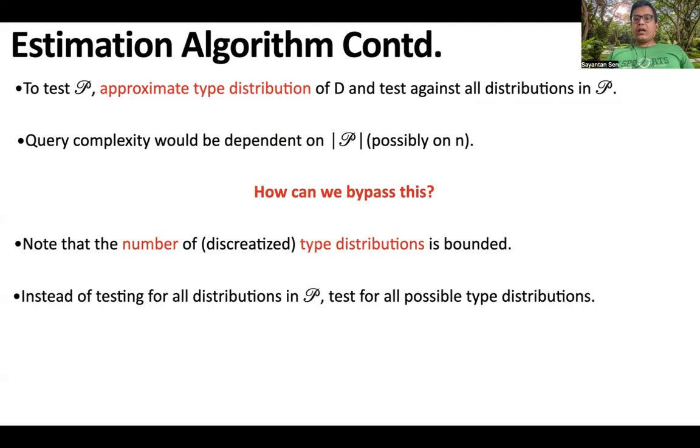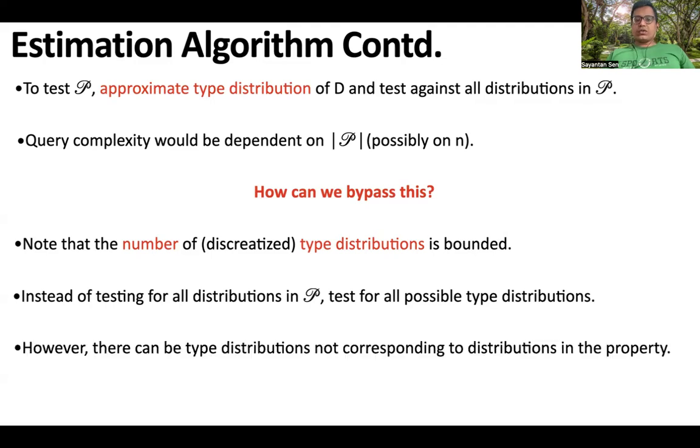Instead of testing against all distributions in the property P, we can test for all possible discretized type distributions. Now there is another subtlety. Since we will be considering all discretized type distributions, we might accept some type distributions that do not correspond to a distribution in the property. In that case, we might err.